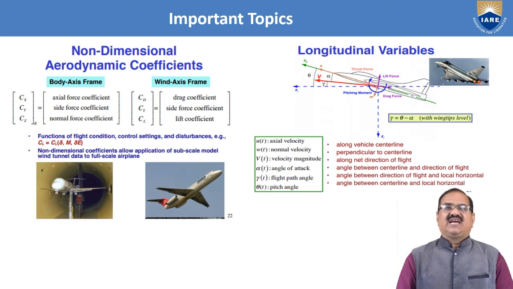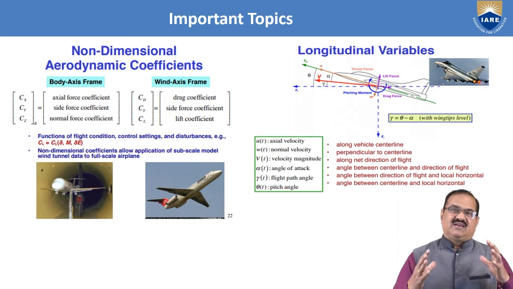If you see here, there is the body axis frame and the wind axis frame. Body axis frame means the center of gravity is inside the aircraft.